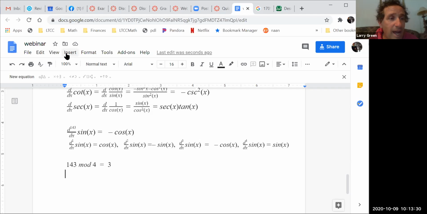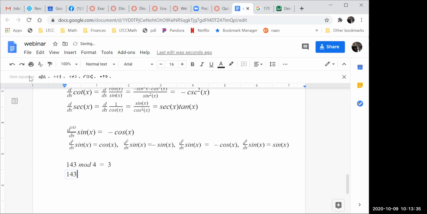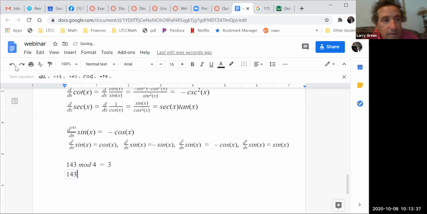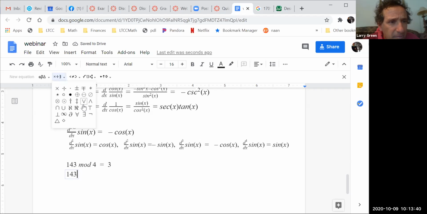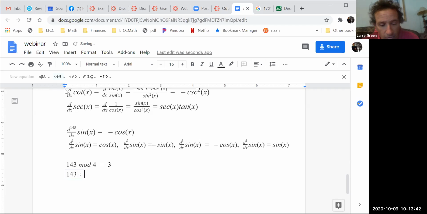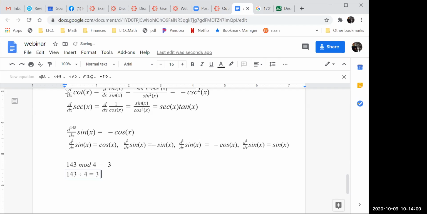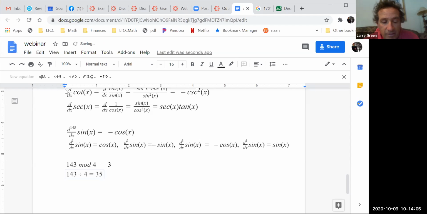Okay, so divide 143 by 4. Let's do it the first grader's way of doing it. You write it down and you write down the remainder. So we're not going to do decimals here. So 143 mod 4. 4 goes into 14 3 times with 2 left over. 4 goes into 23 5 times with a remainder of 3.